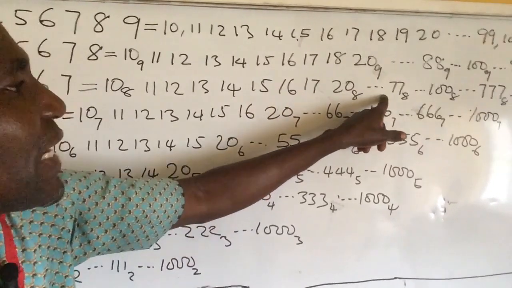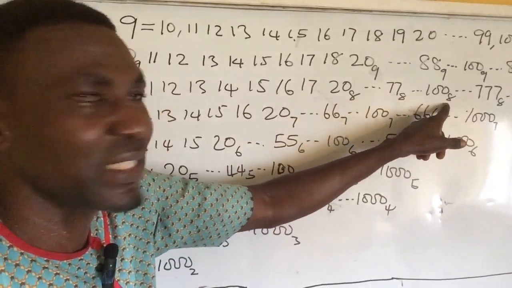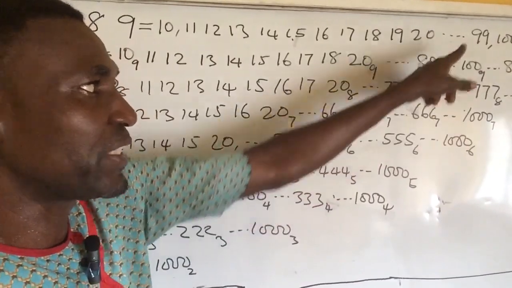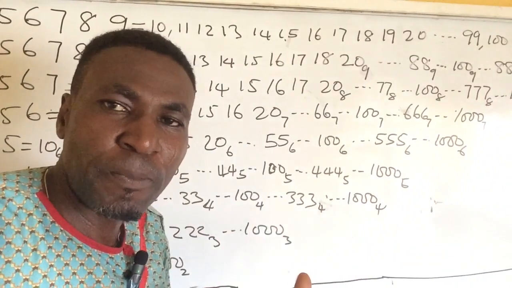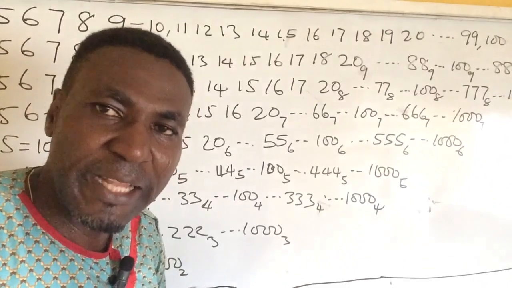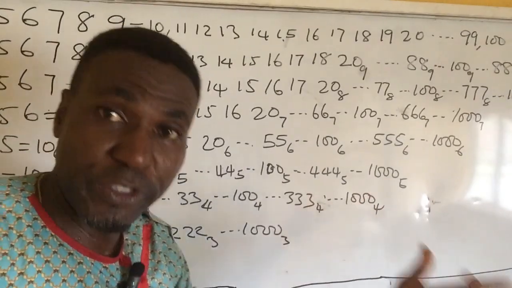If you continue like that, when you reach 77 base 8 is where you will meet 100 base 8, which, if you permit me to call it 100, is the one in base 10. So in 99, you meet 100 in base 10. In base 9, when you reach 88, you meet a kind of 100.